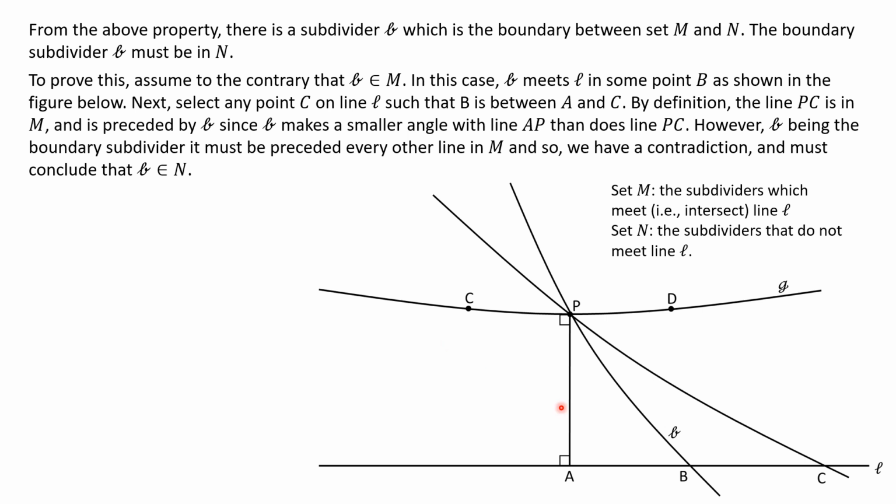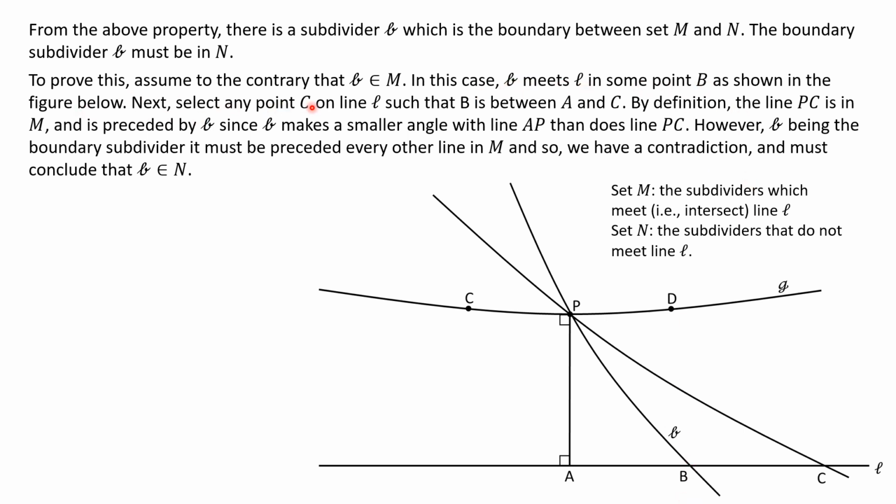So again, here's our angle APD, and we're talking about subdividers of this angle here. So to prove this, assume the contrary, that B is in M. So in other words, B meets L at some point B, shown here in the figure.